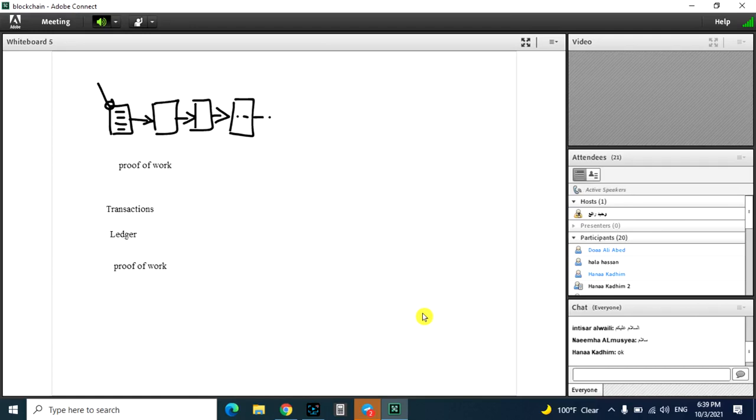What's a transaction? In the real world, we all keep our money in the banks, okay? When we spend some money, in this course, we have 2 or 3 characters: Alice, Bob, and Eve.